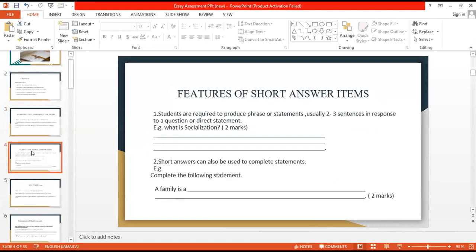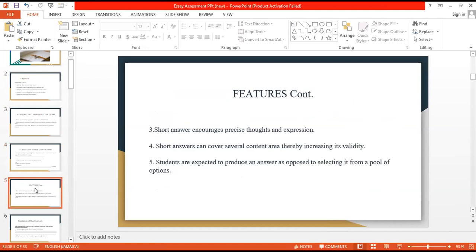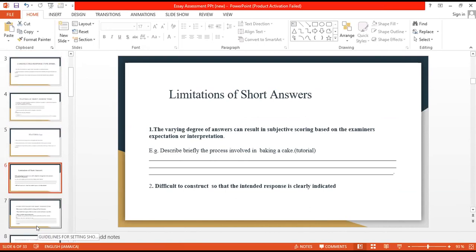So you can use short answer questions to start with, let us say, the second level or the third level of your taxonomy, right? So you're targeting cognitive skills and competencies that are a little higher than what you could use otherwise in the multiple choice.